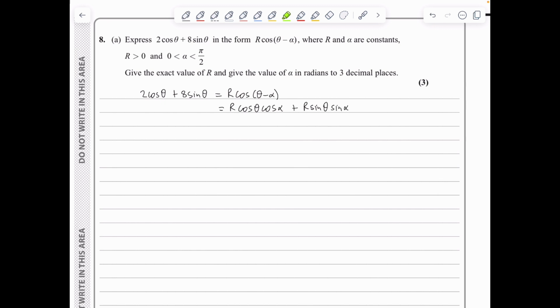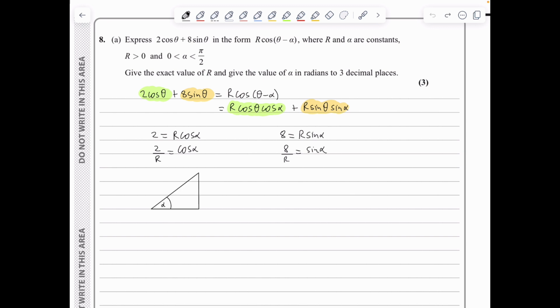I can then equate the cos theta terms and then the sin theta terms. So these two must be the same and these two must also be the same. So if I equate, I get 2 is equal to r cos alpha and 8 is equal to r sin alpha. This simply leads to 2 over r being cos alpha and 8 over r being sin alpha.